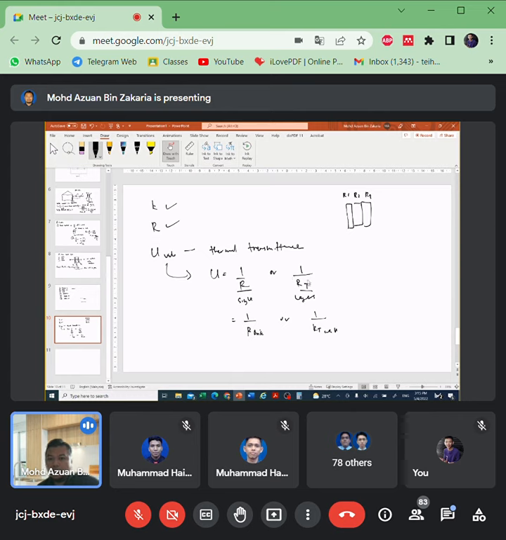One thing, when calculating U value for many layers, R1, R2, R3, it is 1 over R total. It means U value equals 1 over R1 plus R2 plus R3.